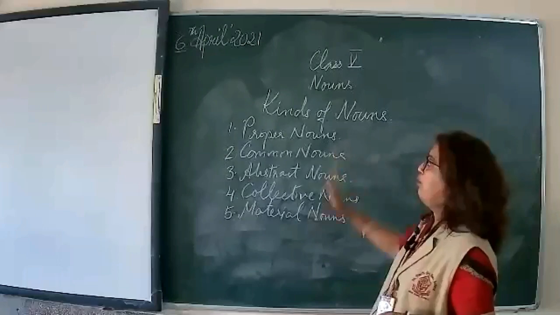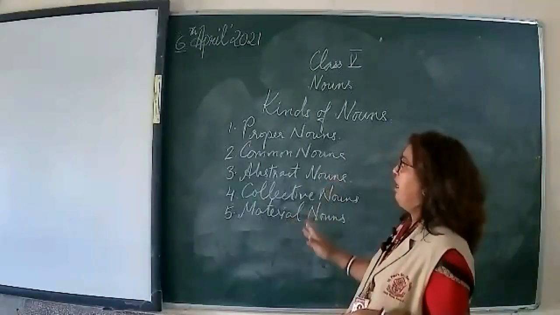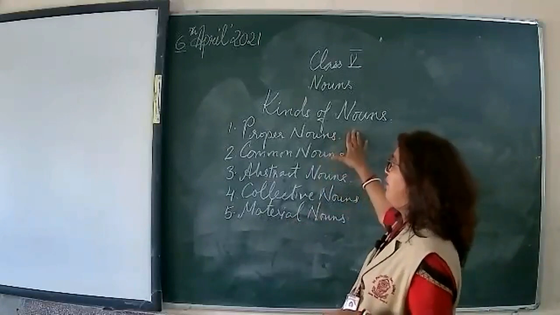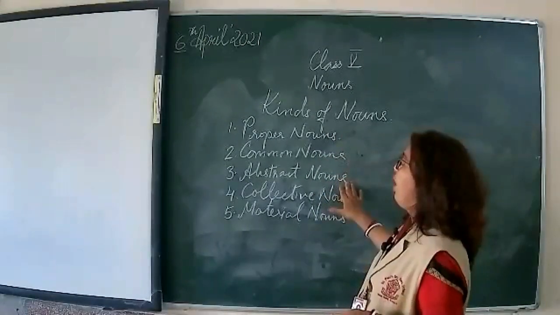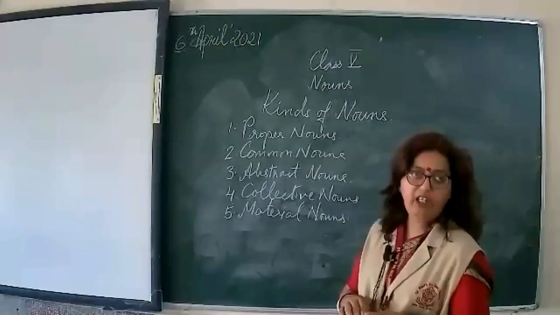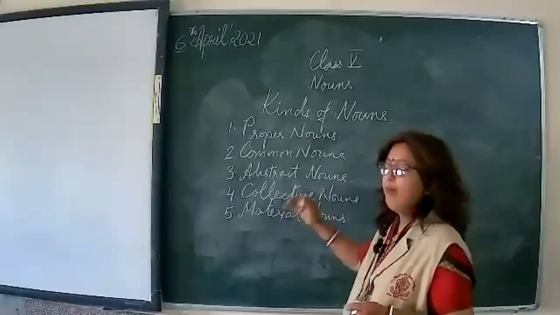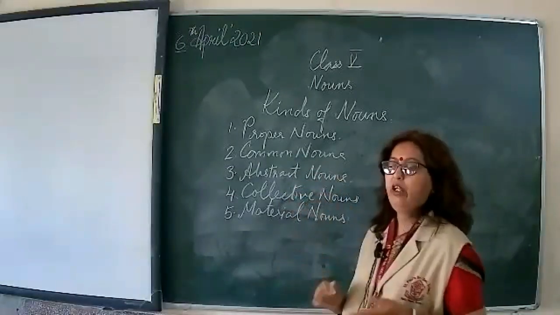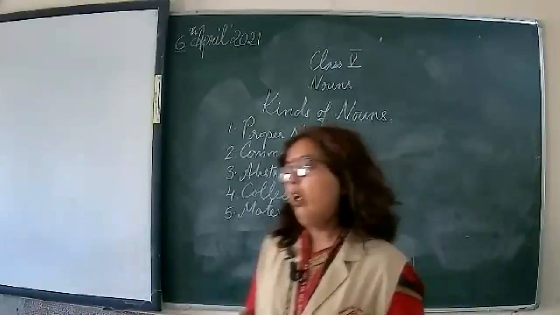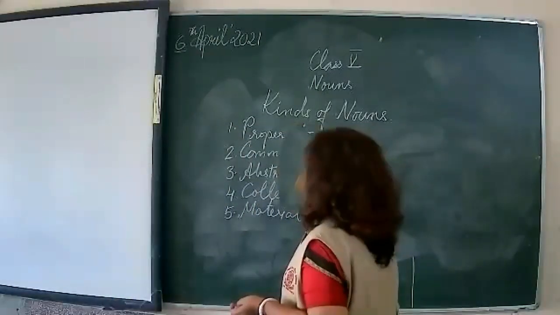Okay, just look at the board and you can see these are the types of nouns or the kinds of nouns that we have: proper nouns, common nouns, abstract nouns, collective nouns, and material nouns. After this, we'll go one by one, take them up and understand what each noun describes or how it is understood.